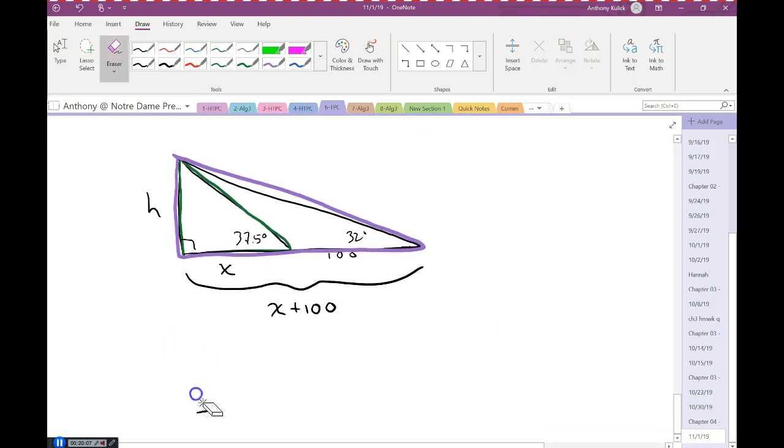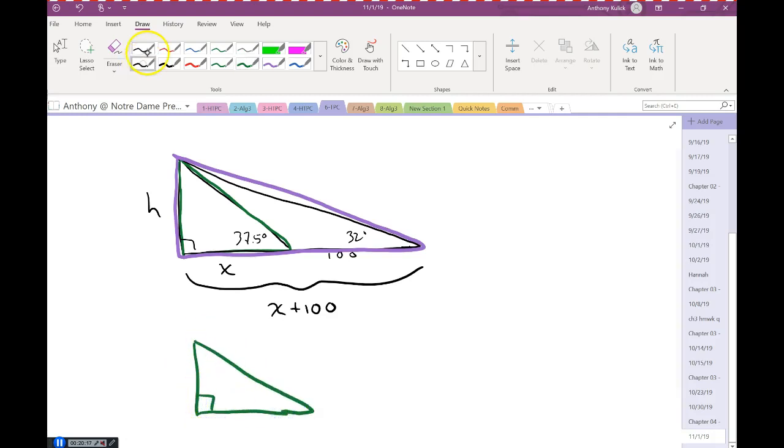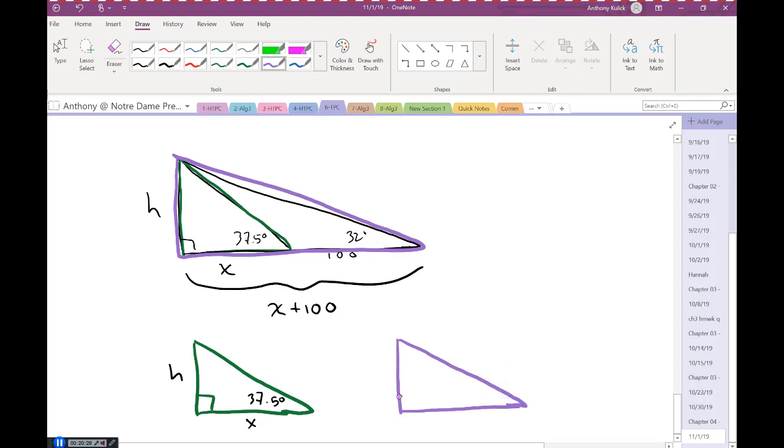So if I then redraw these two separately, just so it's a little bit easier to see what's going on, we have those two separate right triangles.